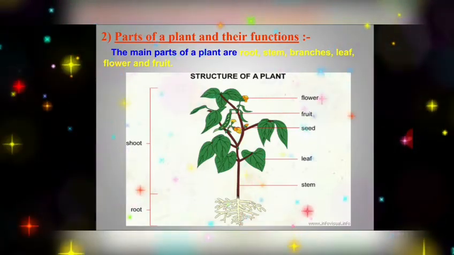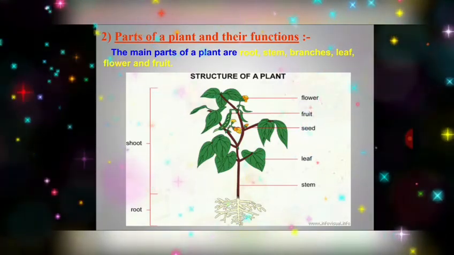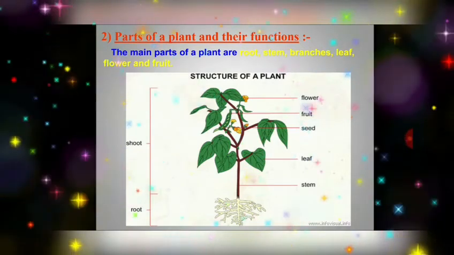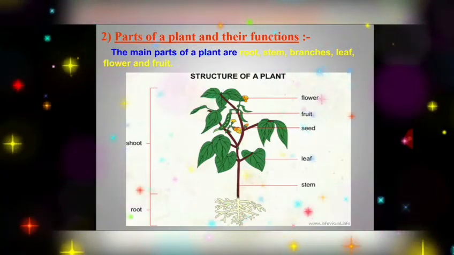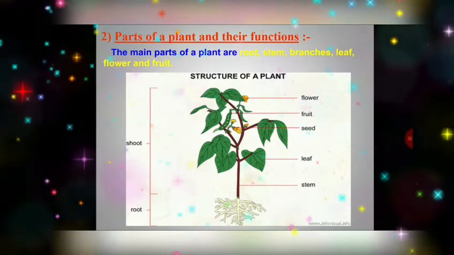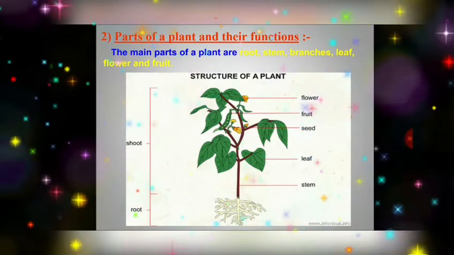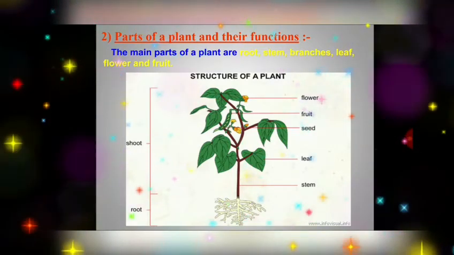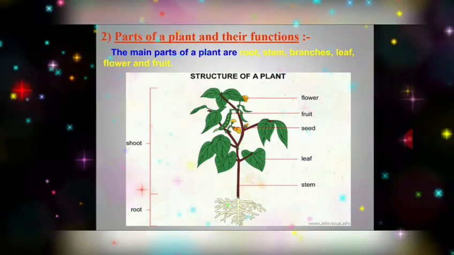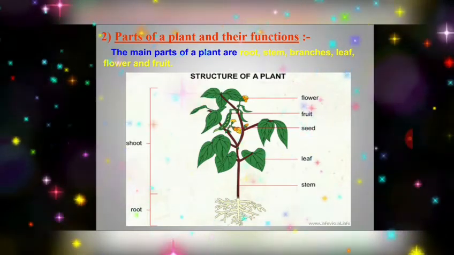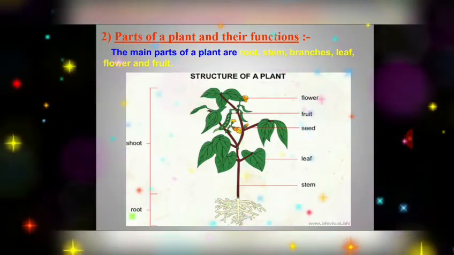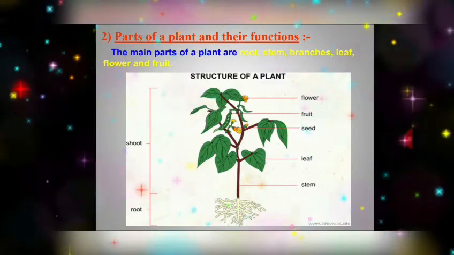The root system is the parts which grow under the ground, and the parts above the ground are called the shoot system. The parts of the plant which lie above the ground are stem, leaf, seed, fruits, flower, and the part which grows under the ground is root.